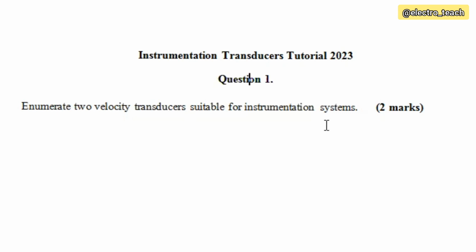For instance, we can talk about the tachometer. The tachometer is a velocity transducer. Also, we can talk about another device such as the optical encoder. It can also convert velocity into an electrical signal. So that is about question one.